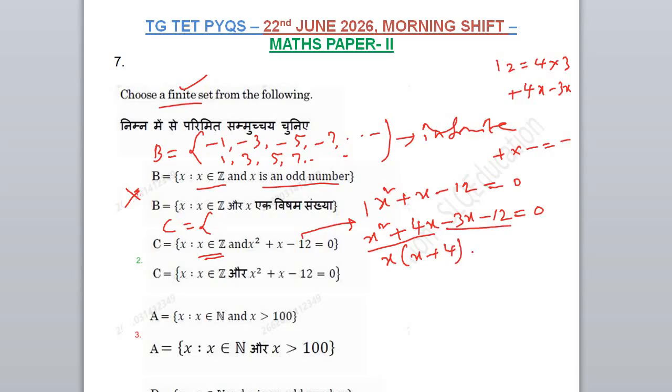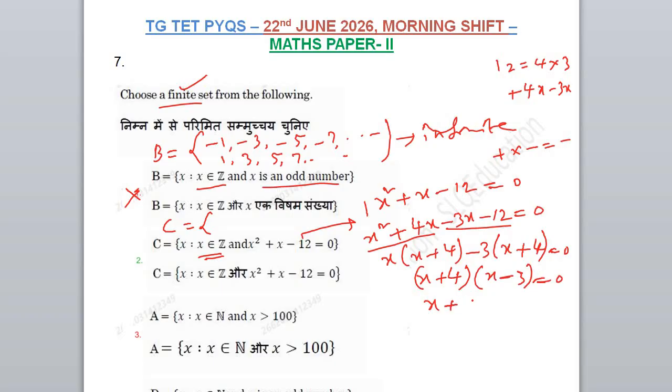In the second two terms, taking minus 3 common: minus 3 into (x plus 4). Here x plus 4 is common in these two terms. X remains here, minus 3 remains here, so (x plus 4)(x minus 3) is equal to 0.